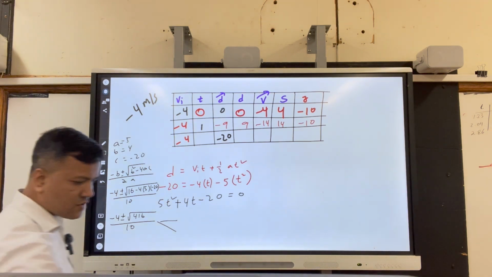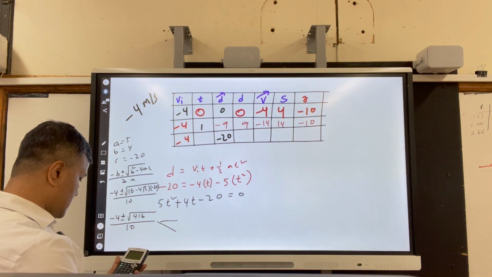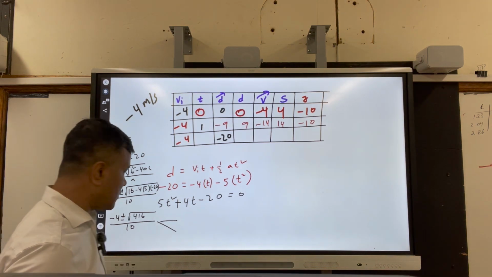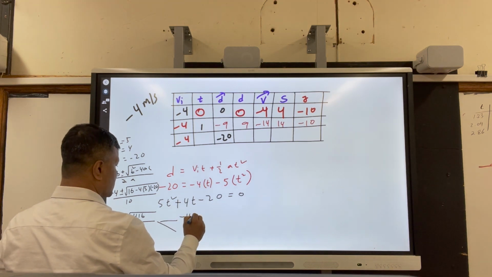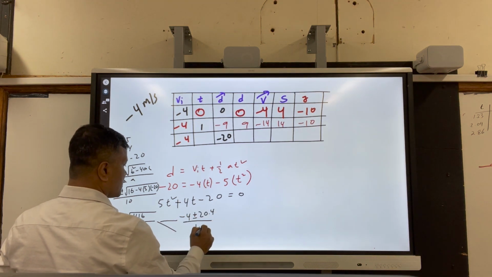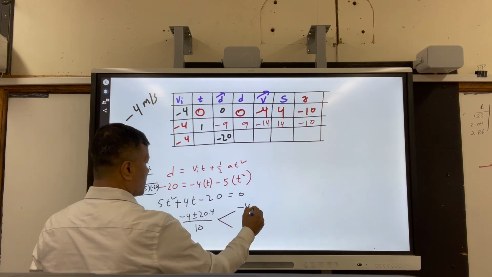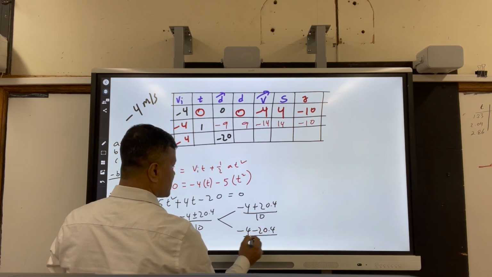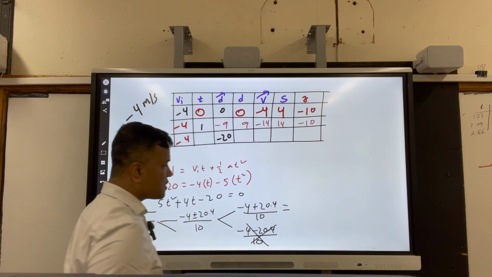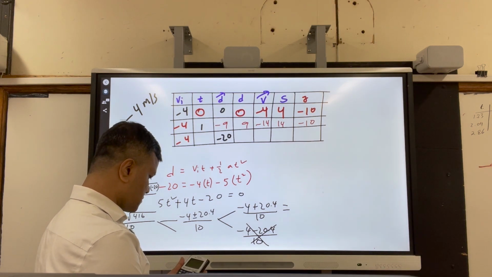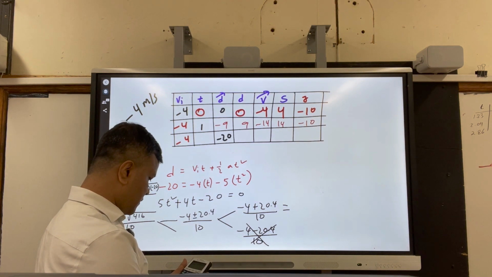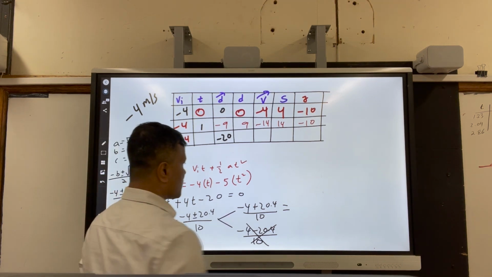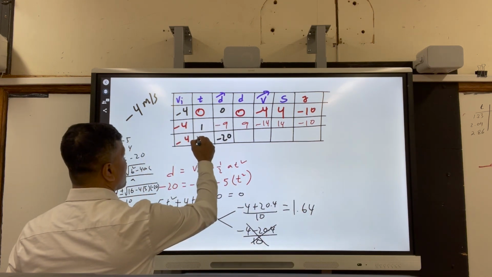The square root of 416 would be 20.4. So you have negative 4 plus or minus 20.4 divided by 10. It has two roots: negative 4 plus 20.4 divided by 10, and negative 4 minus 20.4 divided by 10. This one is no good. So 20.4 minus 4 divided by 10, and that will be 1.64. So the time is 1.64.